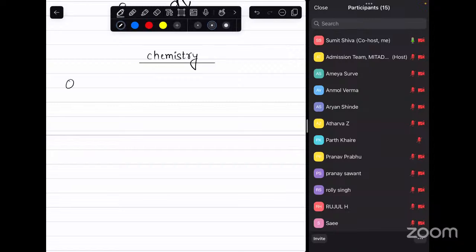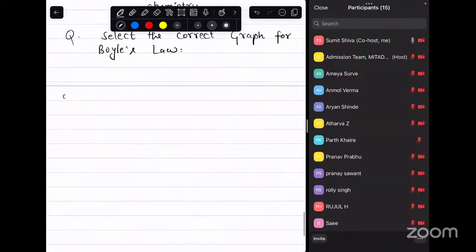First question is, select the correct graph for Boyle's law. A is this one.